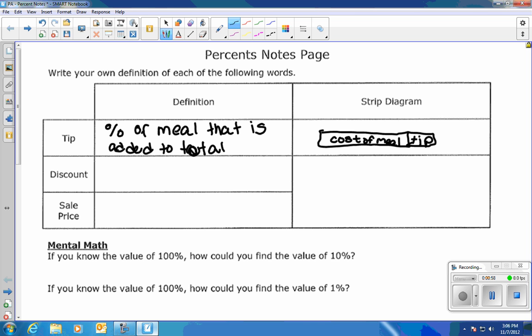That tip is going to be a percentage of that cost of the meal. So again, that's your cost of your meal with your tip added in. And then just remember that this is a percentage of that cost of the meal.